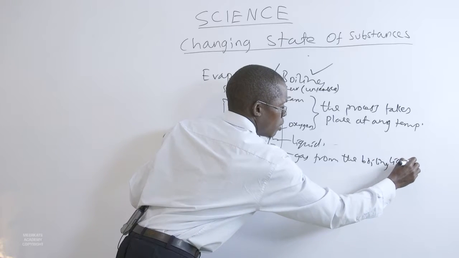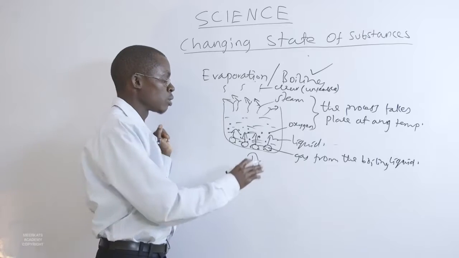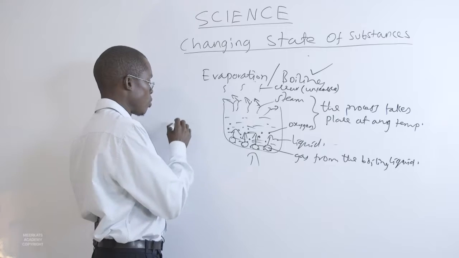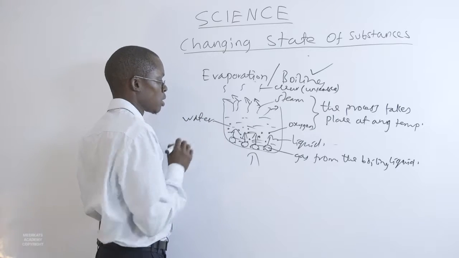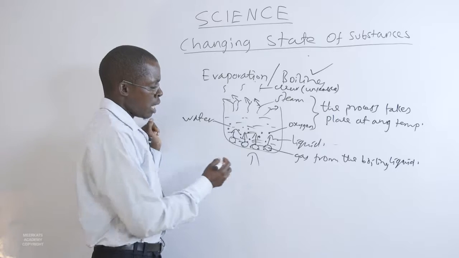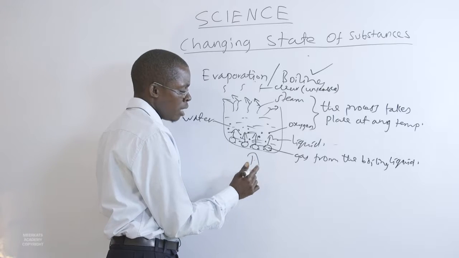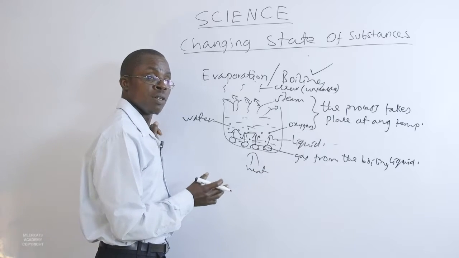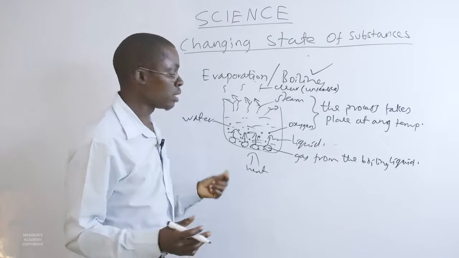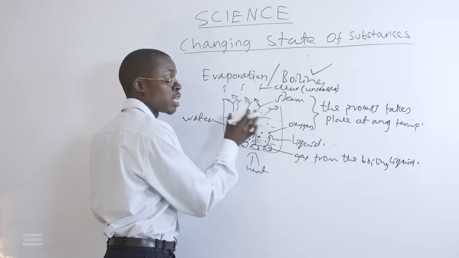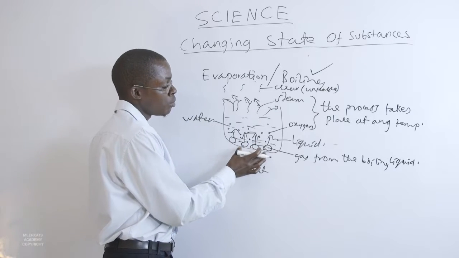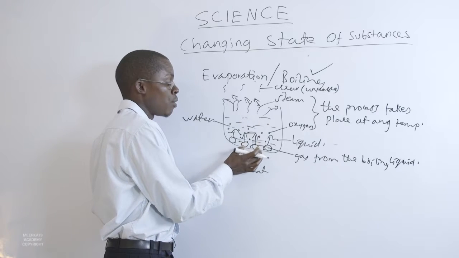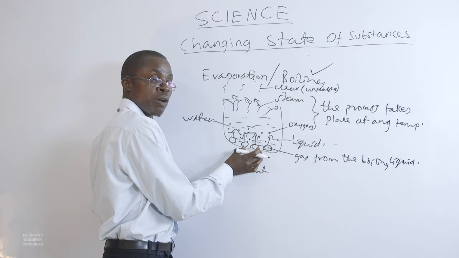If we are talking about water as our liquid, then at the lower point where you are directly in touch with the heat, assuming that this is the Bunsen burner, or if you are at home, any burner you are using, this point will be more hot than any other part. So the water at the lower point will boil faster than the water that is far away from the very hot point.